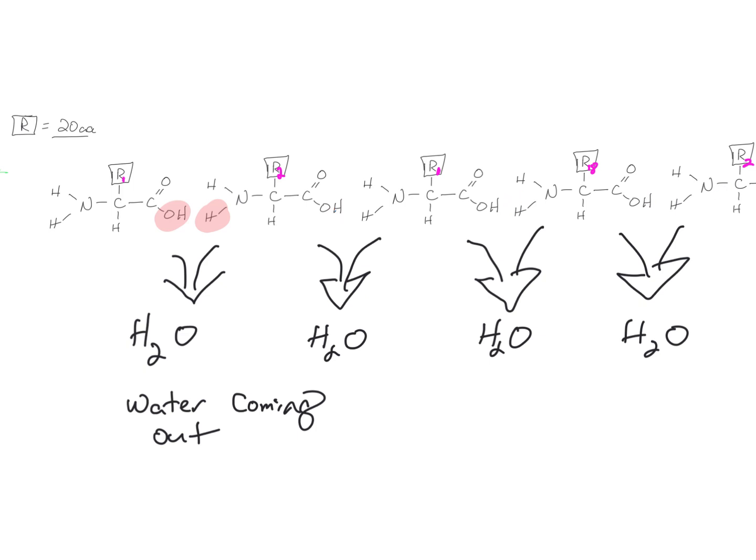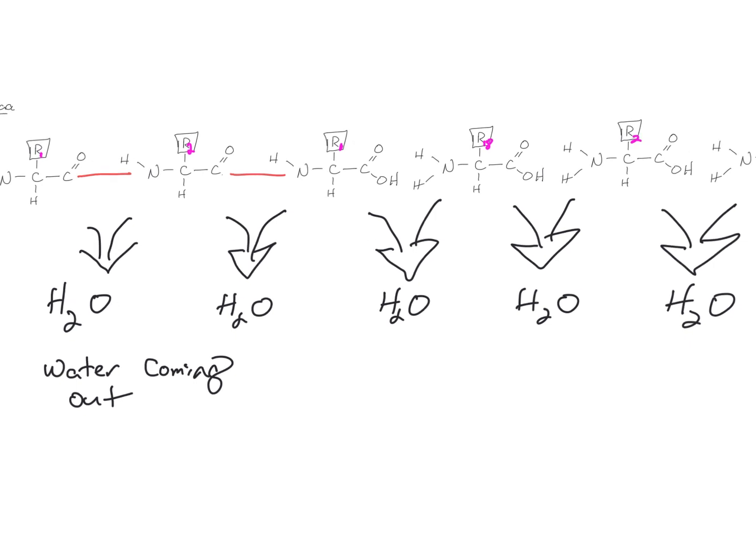So let's go ahead and do it. Let me go ahead and make that change. This one goes out, makes water, and then you form a bond. I'll put it in red here. And again, we could follow the electrons if you wanted to and see how they do it. They would twist and turn, but the geometry might be a little different than what we're looking at here.